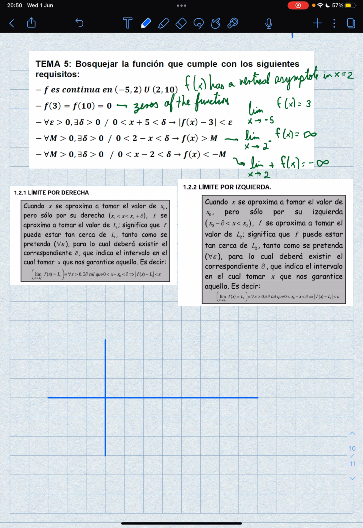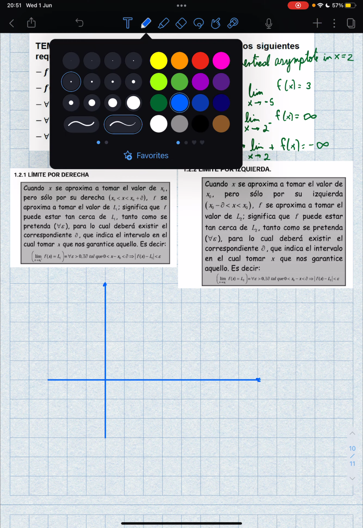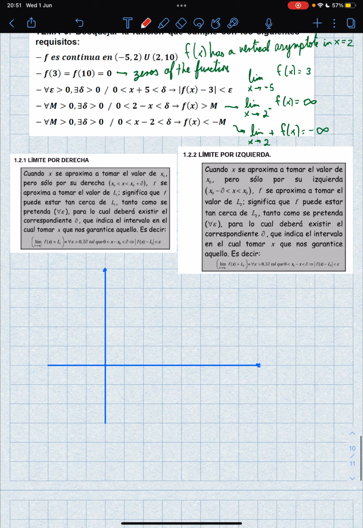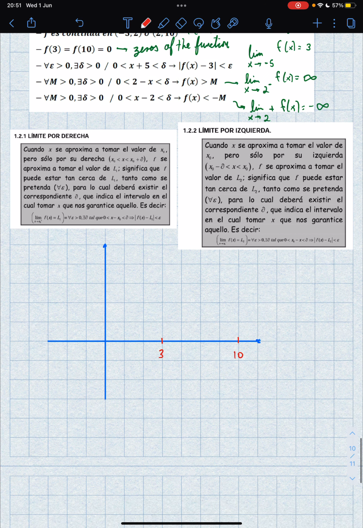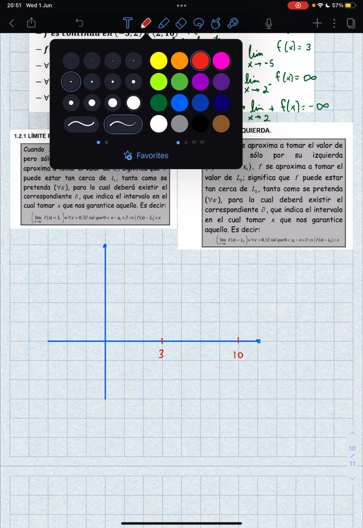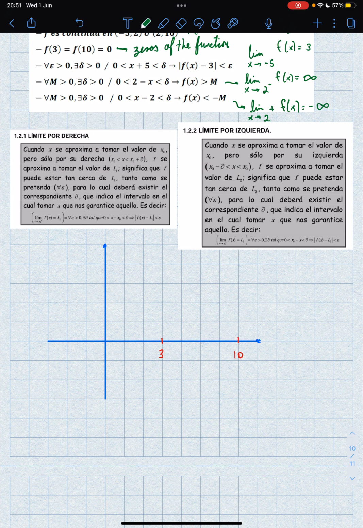Sorry guys. Okay, perfect. Let's go. So I'm going to plot with this one. Let's start writing first the zeros. I'm going to write, I don't know, over here, and 10 is going to be over here. So this is 0, right?